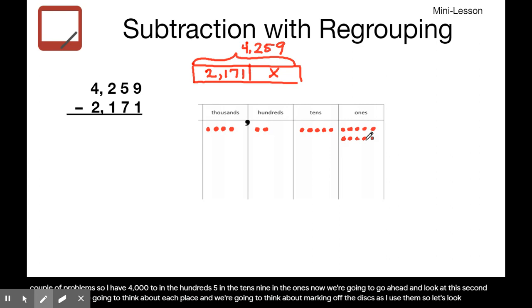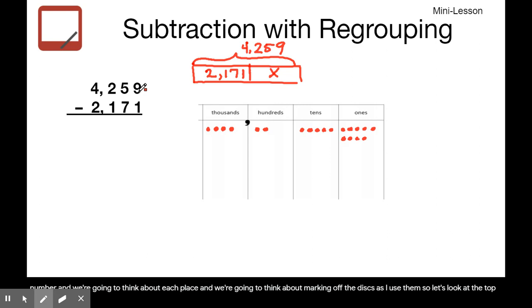So let's look at the top number. We cannot flip-flop these numbers, okay? We have 9 minus 1. If I go to the ones column, I have 9, and if I take away 1, I am left with 8. Now, I'm going to go to the tens.